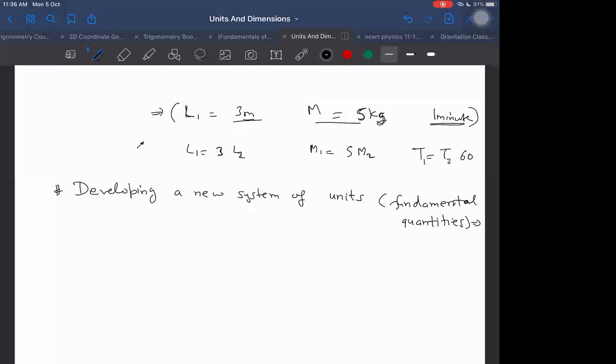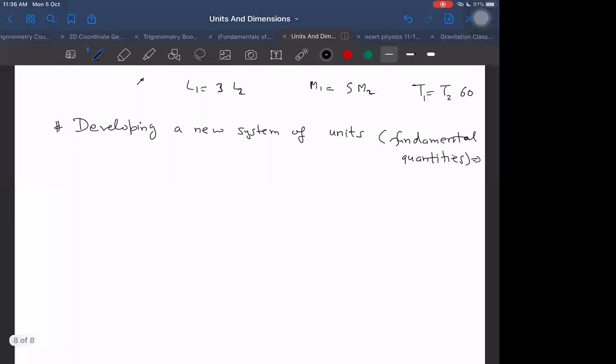For example, I can ask you a question like this. Let there be a new system of unit where the fundamental quantities are speed, force, and energy.